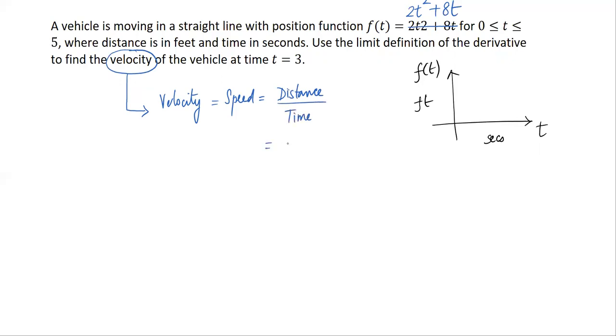In other words, if you are converting this to the slope idea, speed or the rate is nothing but the difference in the distance over the difference in the time. And that helps you to understand that you're actually trying to find the derivative, the idea of derivative.